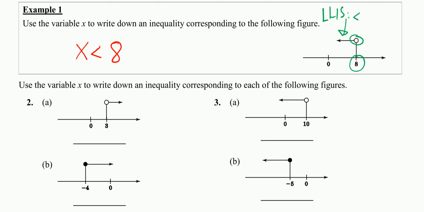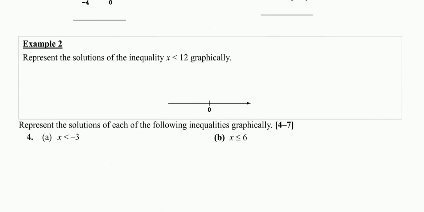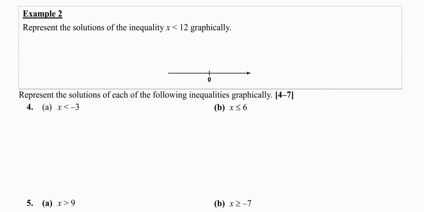That is the inequality corresponding to the figure. And okay, if we have the following inequality, x is less than 12, then what can we do? So first of all, here you can see there is a number line. To draw our answer, we need to point out the position of 12 first.